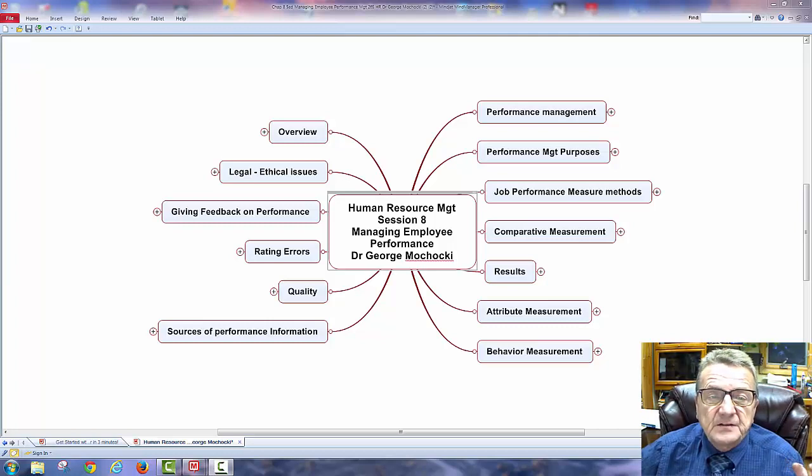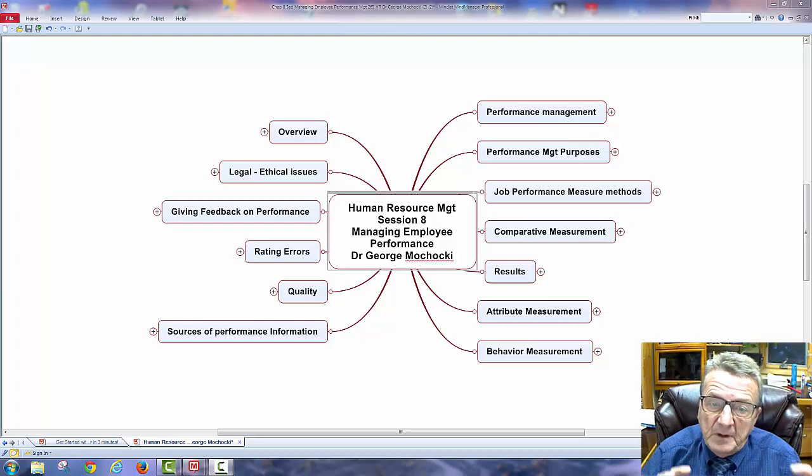Remember, this whole class, this whole presentation, and this 20-minute overview is focusing from a human resource management and HR perspective. So when I'm talking about managing employee performance from an HR perspective, you're looking: is it equitable? Is it fair? Is it helping achieve the organization's mission or objectives, or the department's mission or objectives?